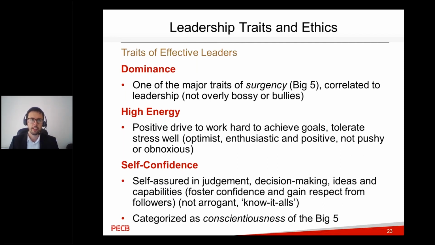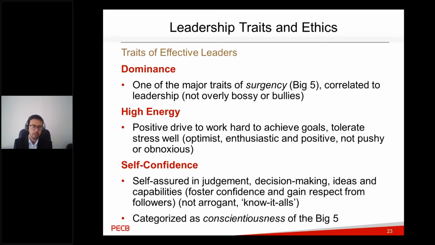Then another leadership trait that has been studied by researchers is the concept of self-confidence. It is of no surprise that self-confidence is something that is required for all leaders to have. It indicates whether you are self-assured in your judgments on decision-making, ideas, or your own capabilities.